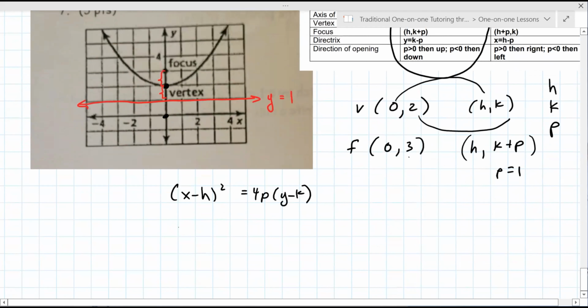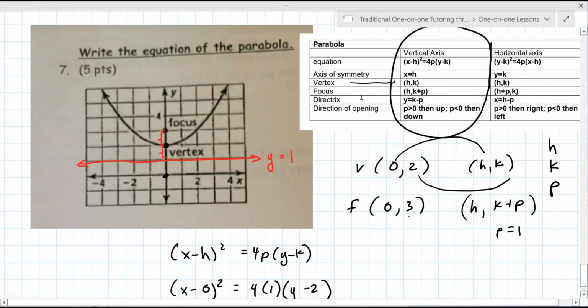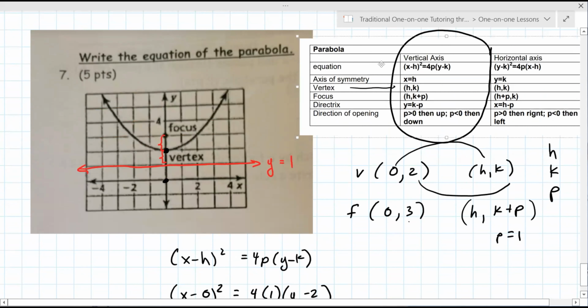So h is 0, so it's x minus 0 squared equals 4 times 1 times y minus 2. Then you could simplify from here, potentially, like x squared equals 4 times y minus 2. I know that wasn't completely clear, but this sheet is super useful to be able to do these.